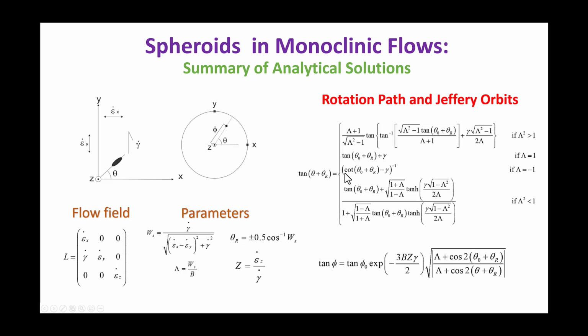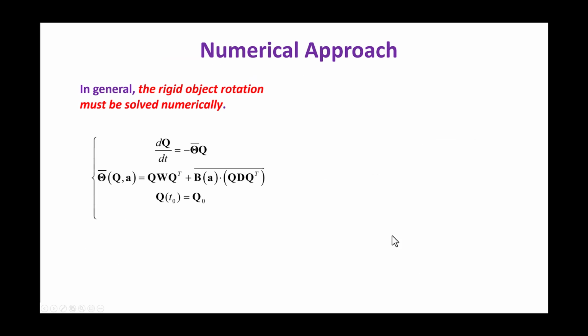The equation for theta is this one. Depending on the parameter lambda, the theta expressions are different, so the behavior is quite rich. The expression for the phi angle is this one. Because we have these analytic solutions, we understand the rotational behavior of spheroids thoroughly.